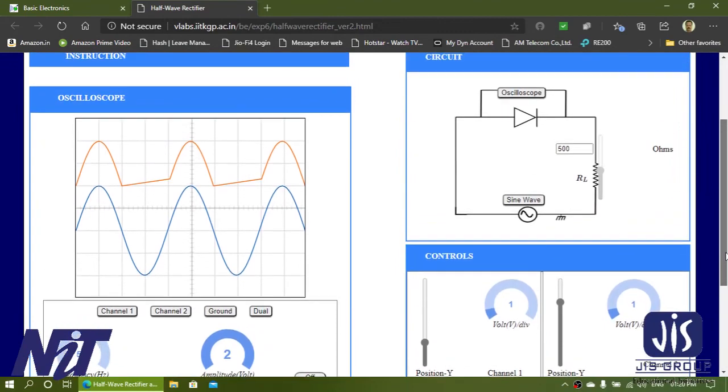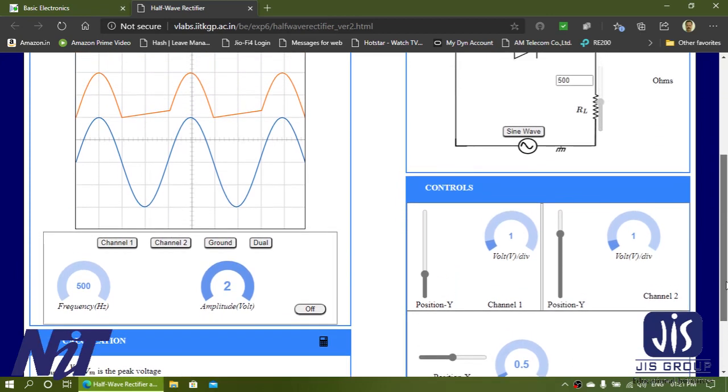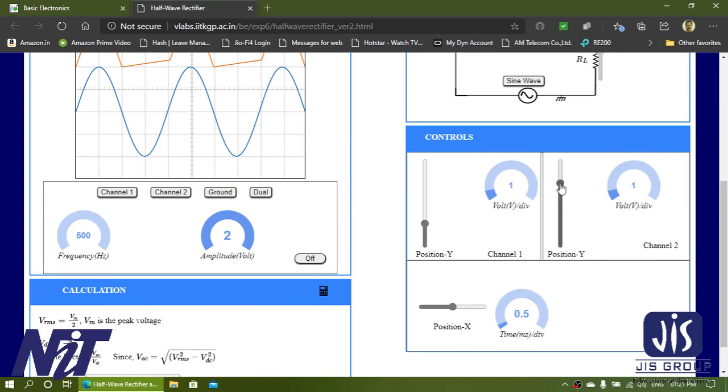So now student, for doing this calculation, first we have to find our Vm from the input and output. To specify the Vm, if you make these two waveforms overlap each other, you will find your Vm.